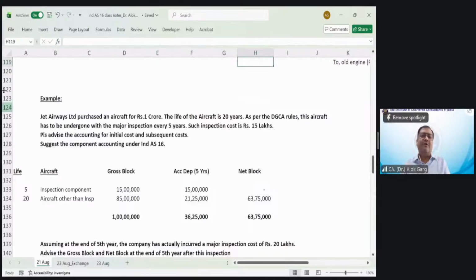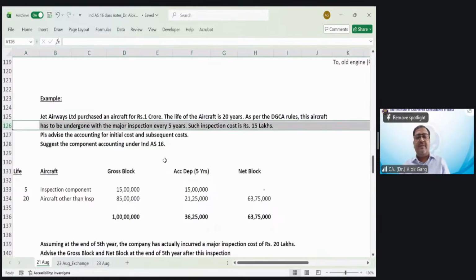So I got what you are saying, Saminathan. If the inspection cost had not been given at the beginning, for example if the question had given the current inspection cost as 20 lakh, then I would use the discount rate and go back to the original amount.